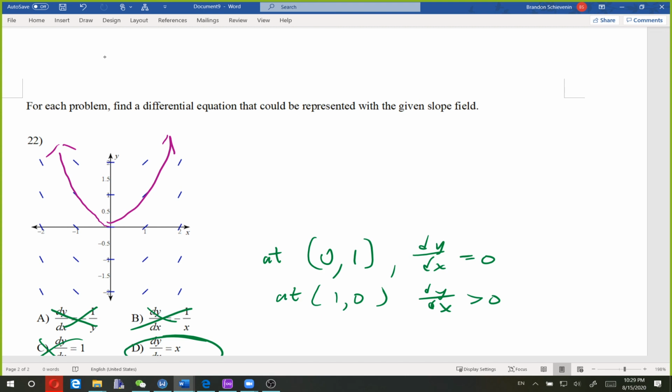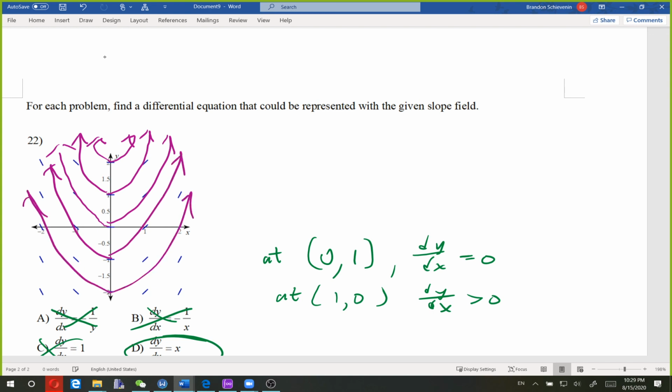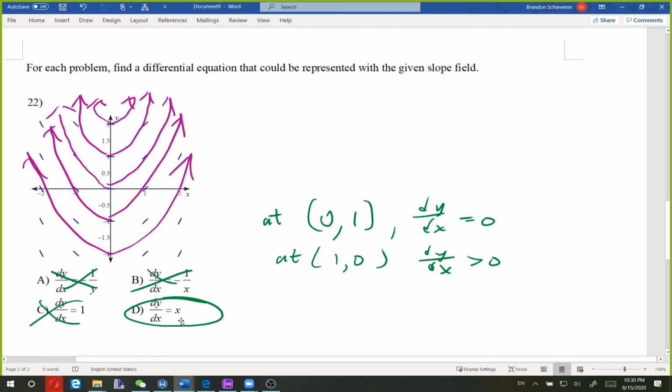But if our plus C was different, that would add to our y value and raise the equation, right? So there are infinitely many answers for the actual equation that would have the slope of x if you derive it.